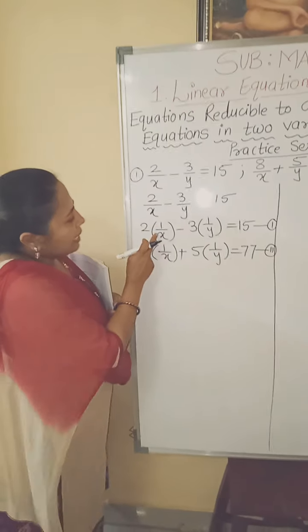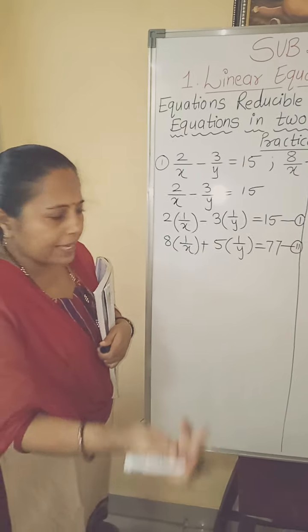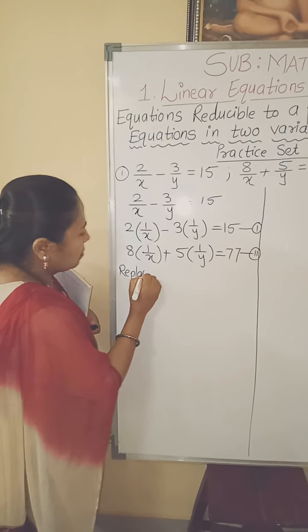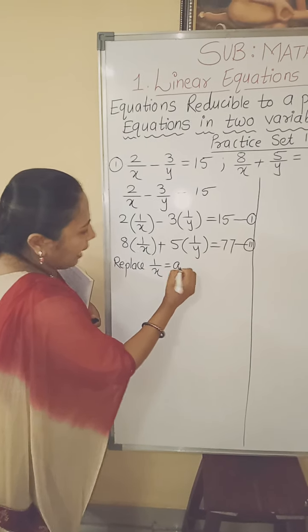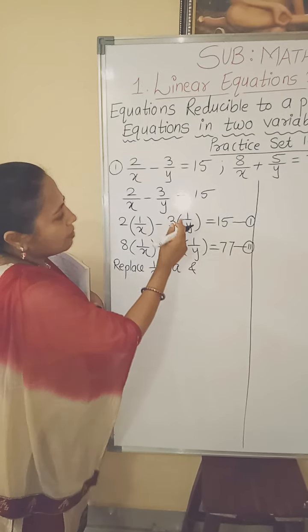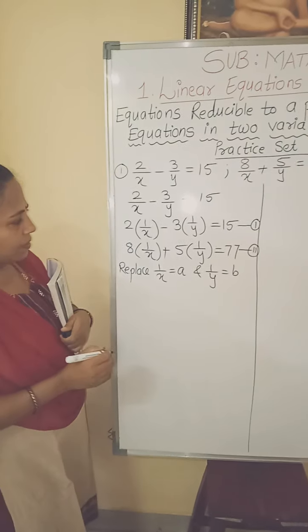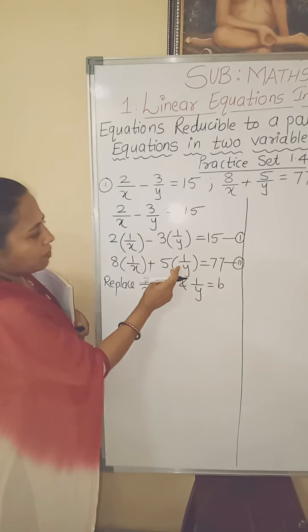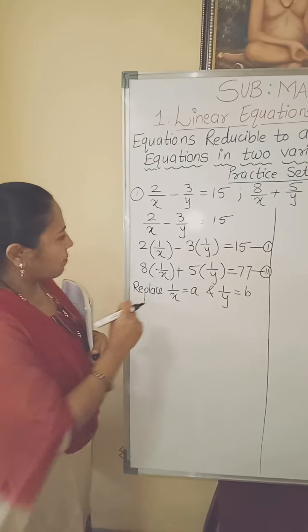Now students, instead of 1 upon x and 1 upon y, we will replace them with other variables. Replace 1 upon x equal to a and 1 upon y equal to b, so that we will get linear equations.